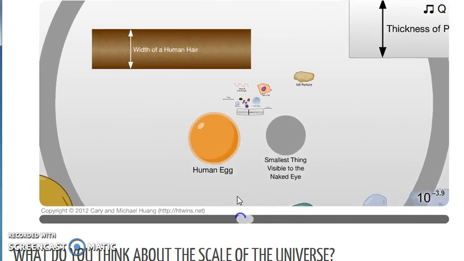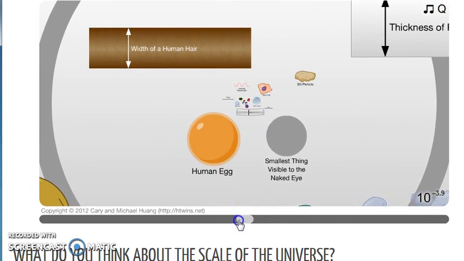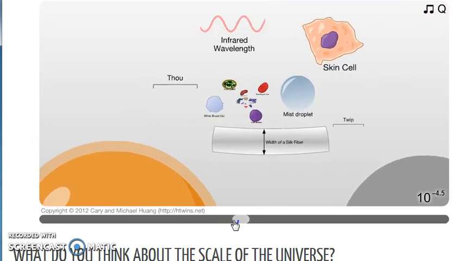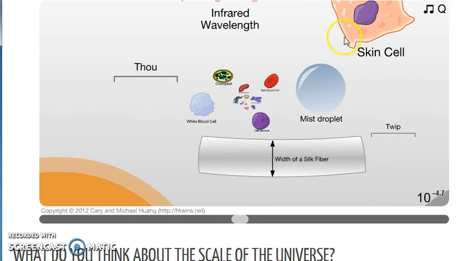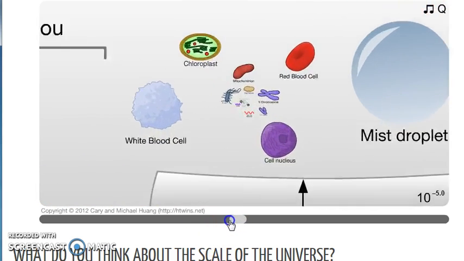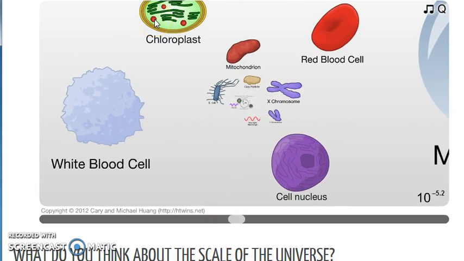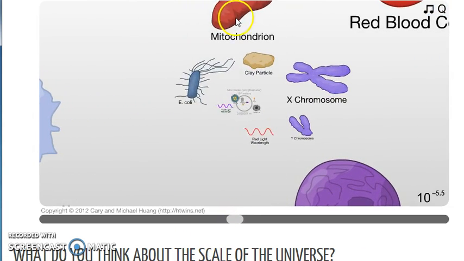Alright, so now we're getting on cells. That's the human egg cell. There's a skin cell and a white blood cell, which we know are tiny, tiny. Chloroplast, it's inside of plant cells. Mitochondria, an organelle inside of a cell.